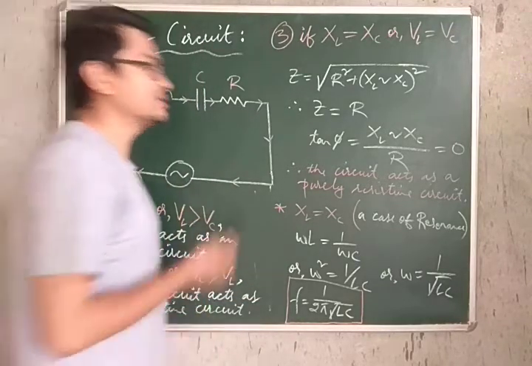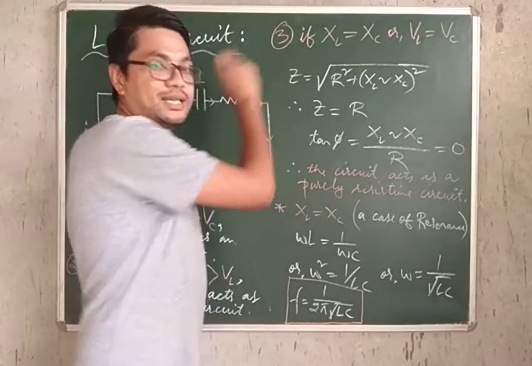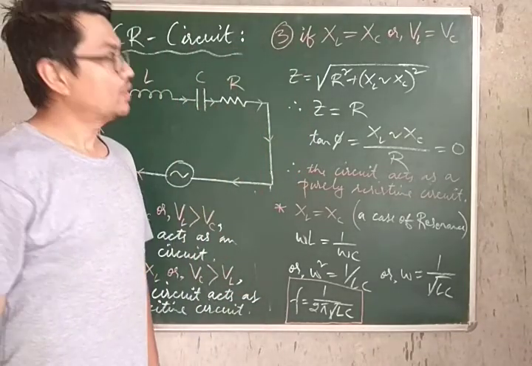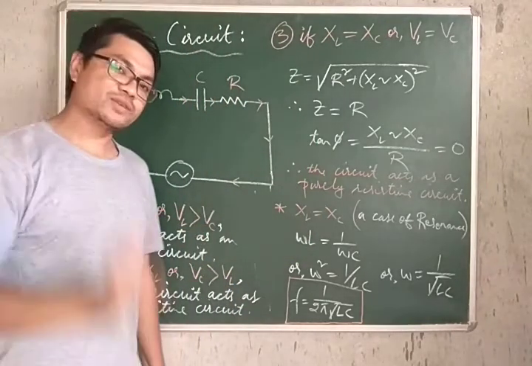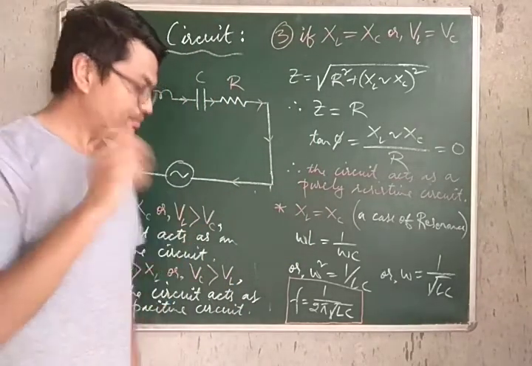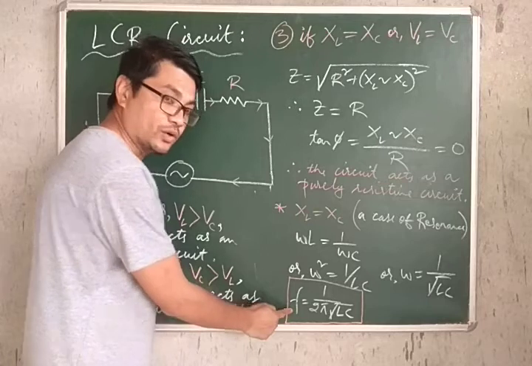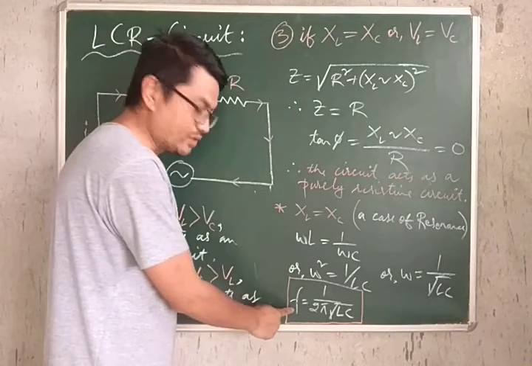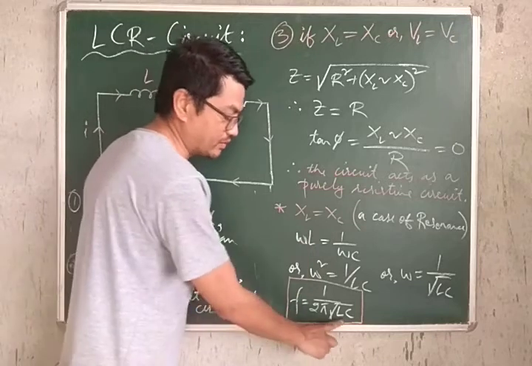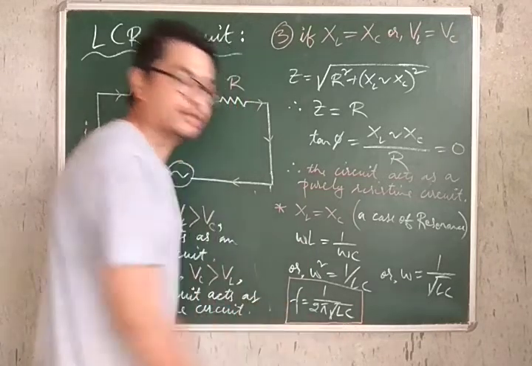Then only this case happens. Remember, the case of resonance occurs when the frequency of the external alternating current matches with the frequency of this circuit. And we can see that the frequency of the circuit is dependent on the value of L and C.